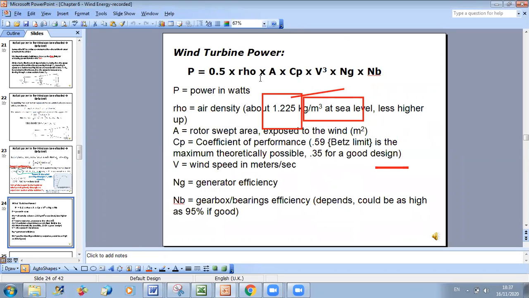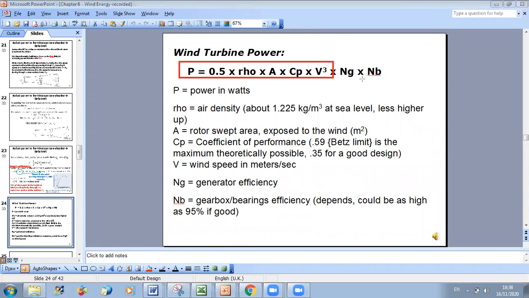So, as a conclusion now, this is the general relation that will give you the wind power in a turbine. You should know this relation and you should know how to apply it. So I will explain each term. You have half rho A V cube.